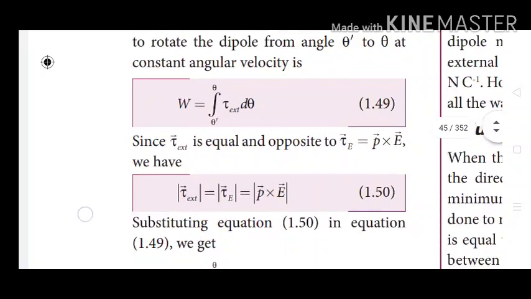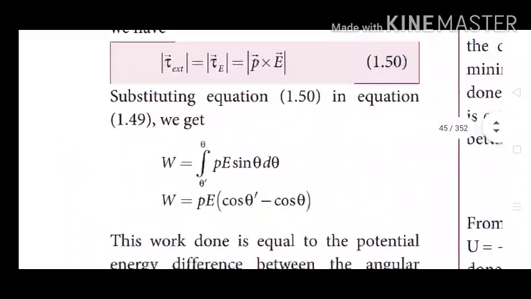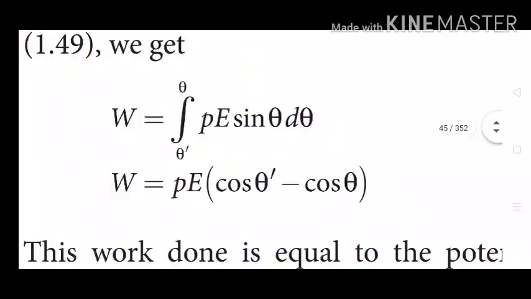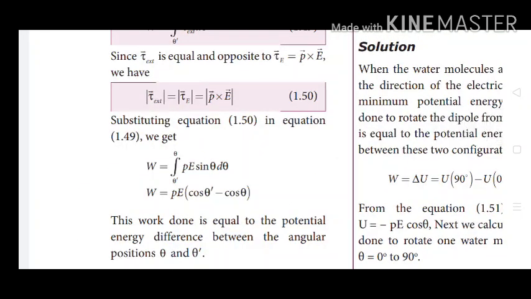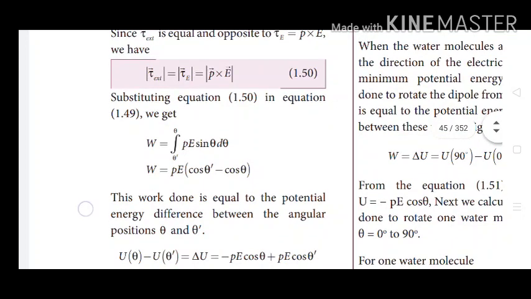So substituting the values of equation 1.50 and equation 1.49, we get work done W equal to the integration from theta dash to theta of P E sin theta d theta. So W is equal to P E, cos theta dash minus cos theta. Children, we know very well that the integration of sin theta d theta is minus cos theta.